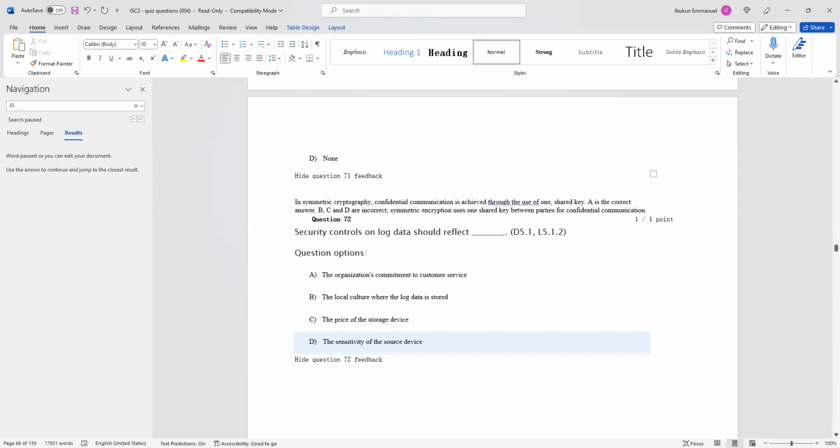What drives the security controls applied to any data, really? If it's personal data, for example, if it's financial data, if it's sensitive data, such as health records, then that would require stringent security controls, not only to the logs of the data if it's backed up, but also to the data itself.